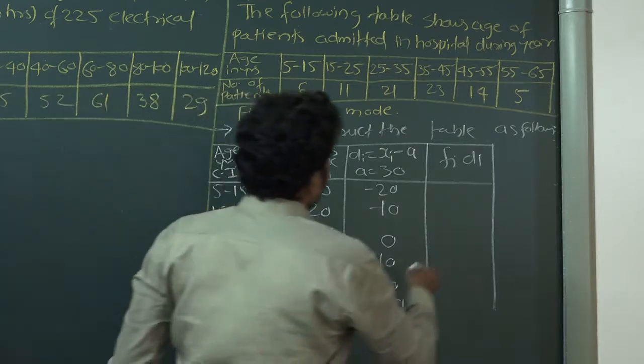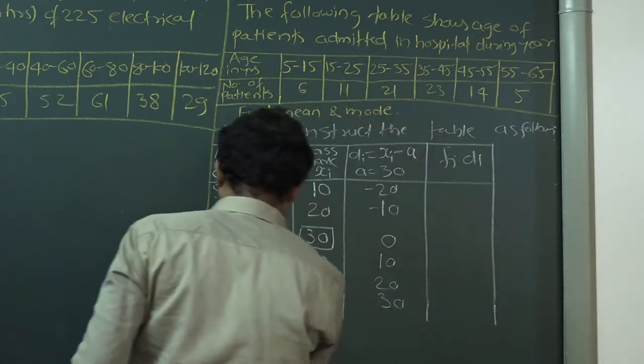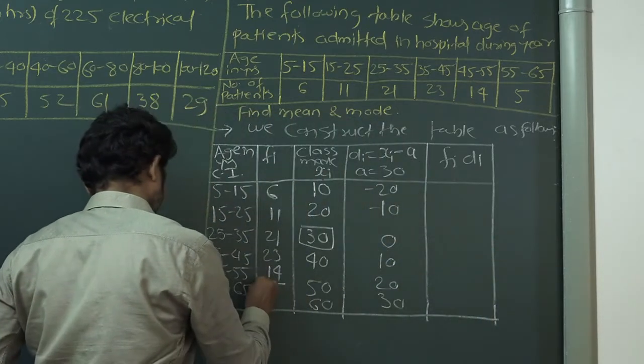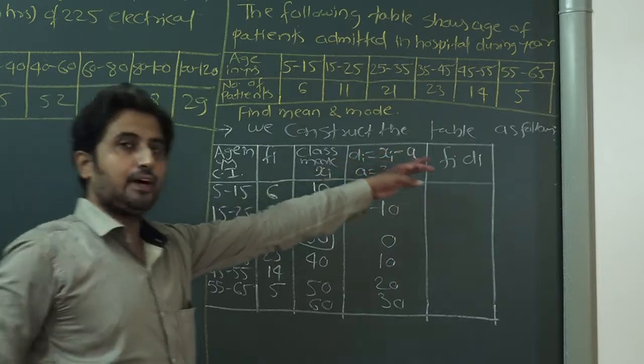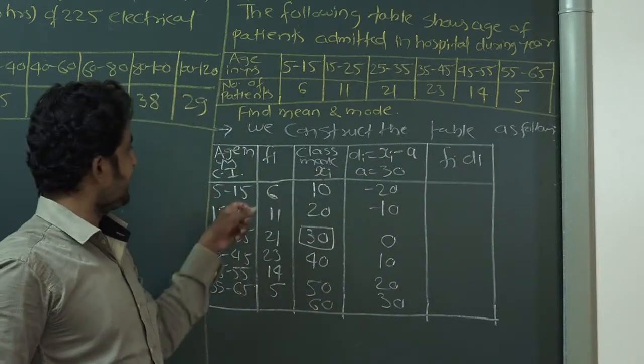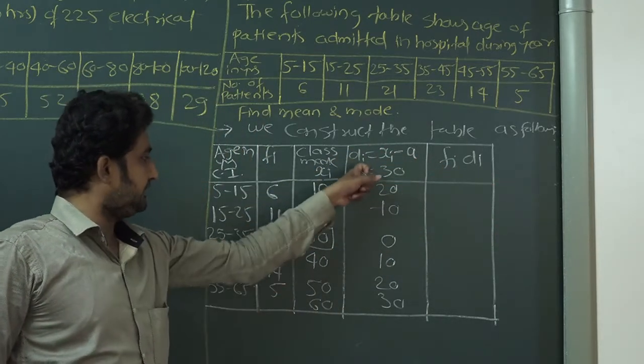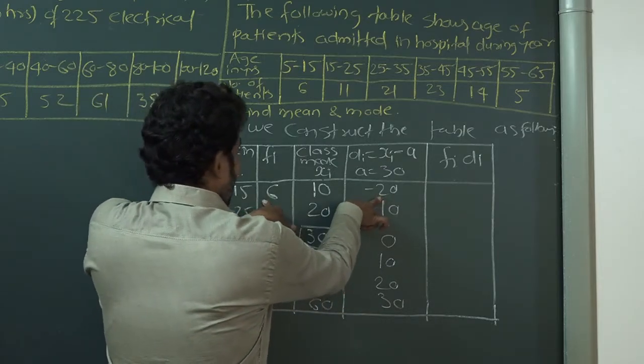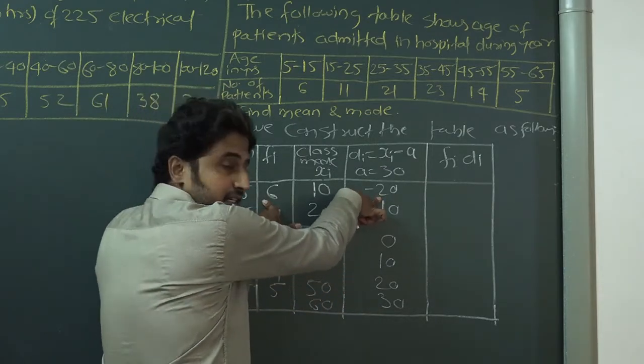Now, the last column is fi into di. Where is fi, students? This. Where is di? This. So we have to multiply the elements of these two columns.